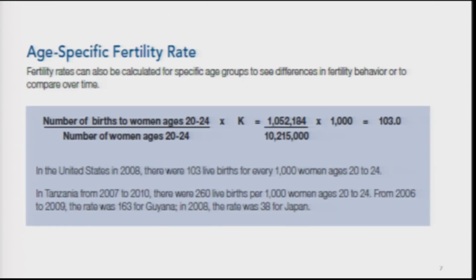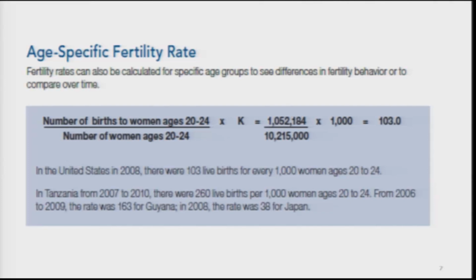Now, since fertility rates vary according to age, an attempt is made to estimate fertility according to age, and when you do so, you arrive at the age specific fertility rate. So, fertility rates can also be calculated for specific age groups or ages to see differences in fertility behavior or to compare them over time.